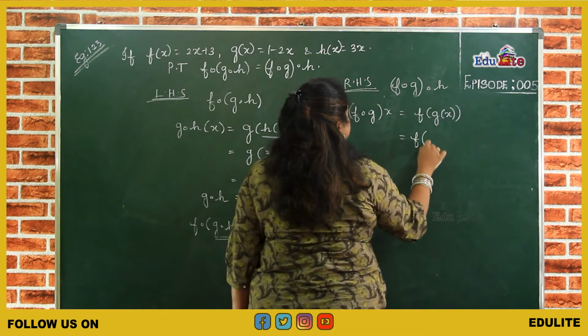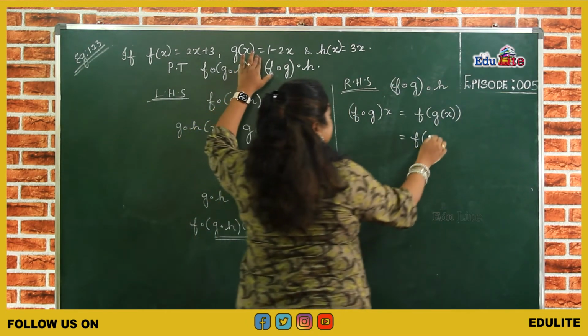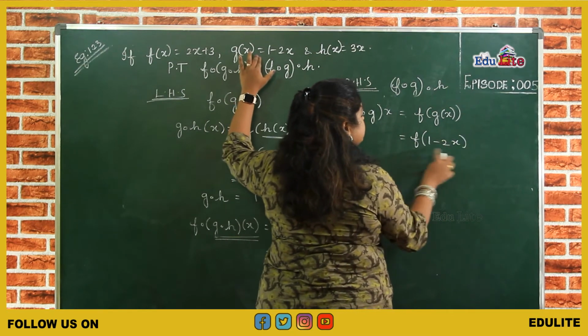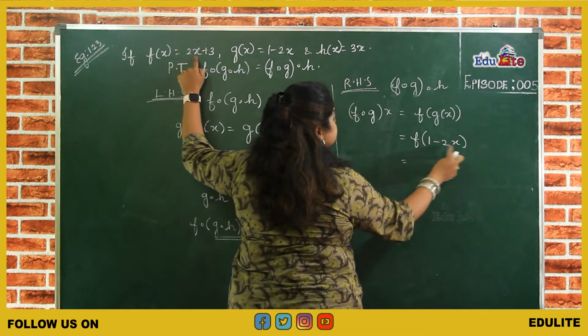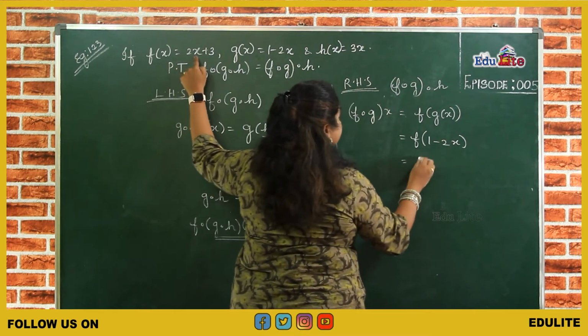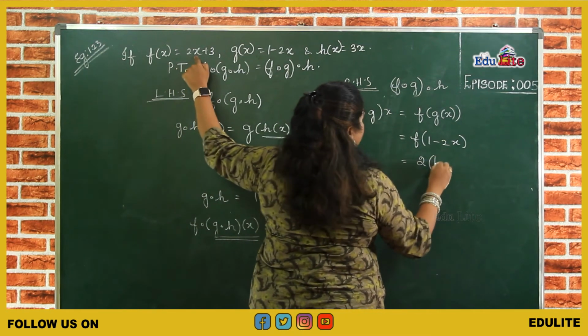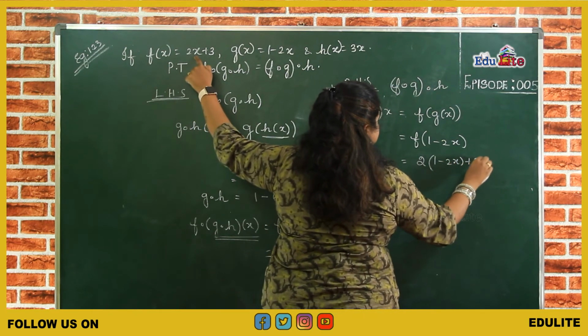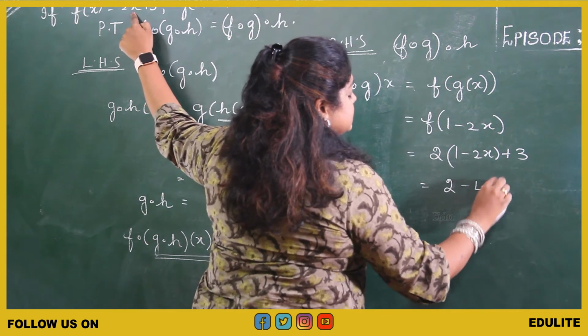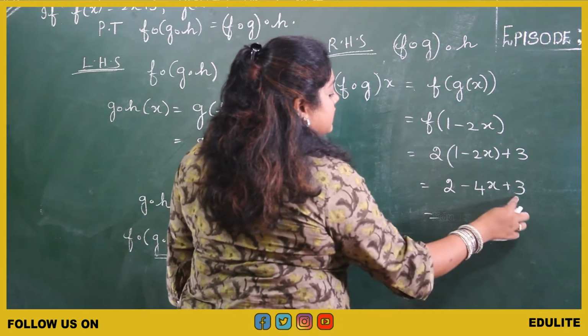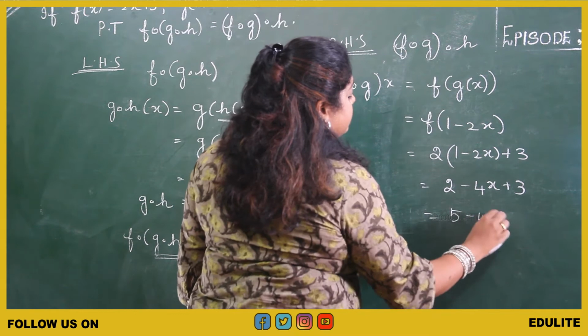So f of g of x value is 1 minus 2x. Now we have to use the f of x value. In place of x we have to substitute 1 minus 2x. If we do so, we will get 2 into 1 minus 2x plus 3. 2 into 1 is 2, minus 4x plus 3, 5 minus 4x.